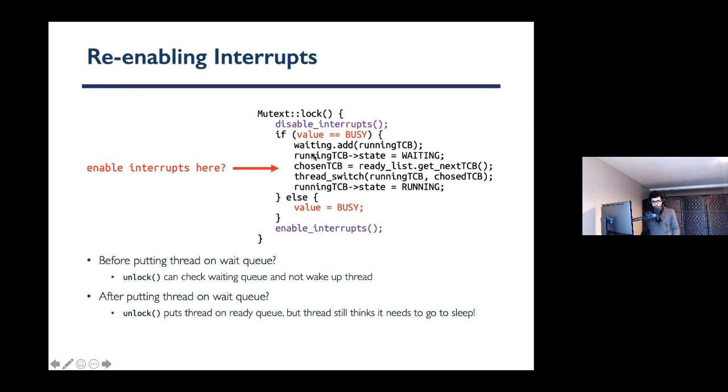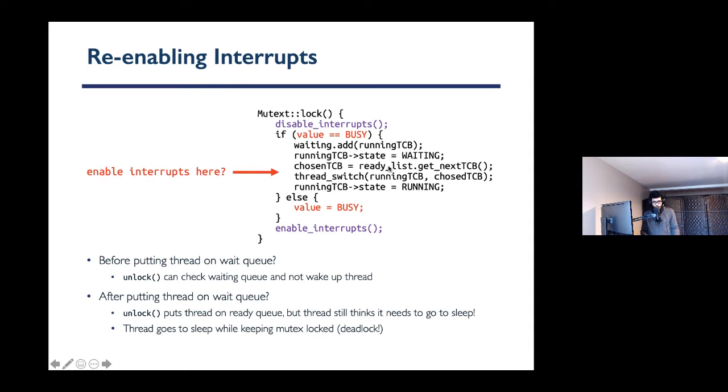It checks the waiting queue and it sees that I'm in the waiting queue. So it says, oh, okay, I'm going to give the lock to you and I'm going to wake you up. So I just made my state waiting, and the thread that is calling unlock will make my state ready. And then I will be scheduled again. What happens when I'm scheduled? I'm going to go to sleep right after that, because the next line I'm going to execute is this thread switch. So I'm going to go to sleep again. So instead of me going to sleep completely and then waking up so that I can start running from here, I start running from here and I go to sleep again. So again, something bad will happen.